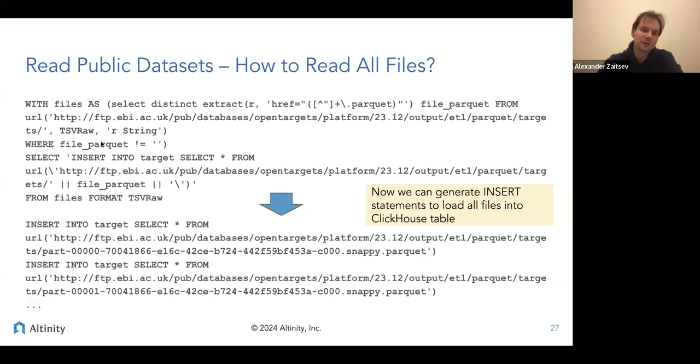The upper part is a query that generates insert statements. So it's a usual ClickHouse query. It constructs those insert statements from the file names that we extracted earlier from the HTML page. So this is one approach.